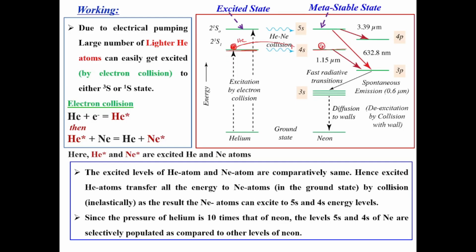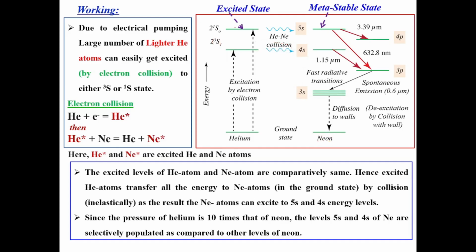Got it? So the helium atoms which are excited to the 3s state, this energy level exactly matches the 4s level of the neon atom. So obviously, the entire energy that the helium atom has in this state will be transferred to the neon atom by collision, and the neon atom will be excited to the 4s level.